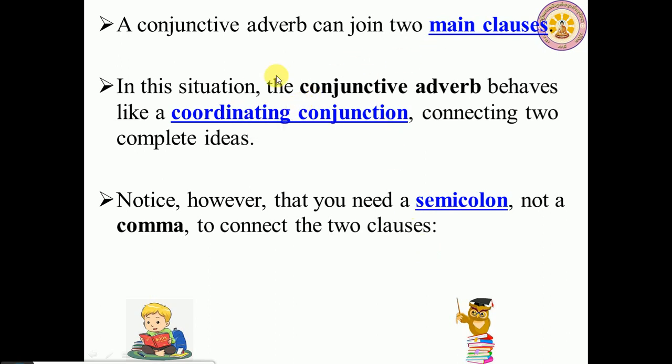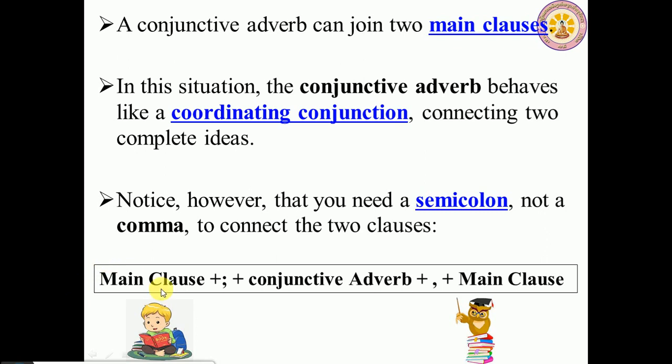So when a conjunctive adverb is used to join two main clauses, we have to use a semicolon, not a comma, to connect the two ideas. Here is the structure: main clause plus semicolon plus conjunctive adverb plus comma plus main clause.